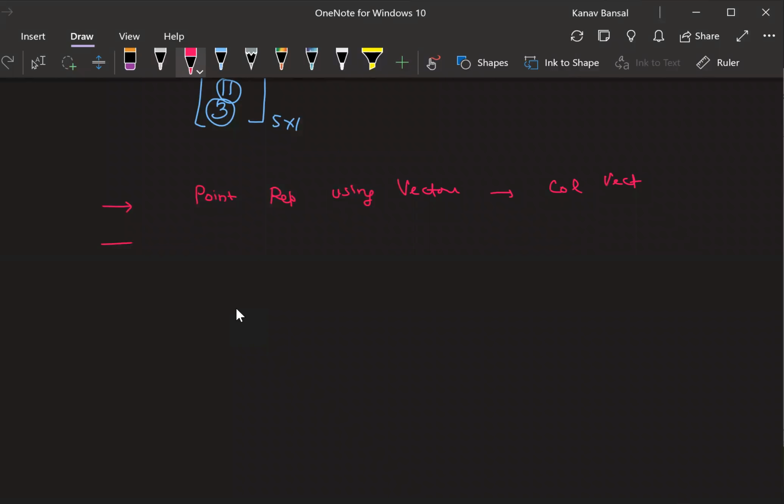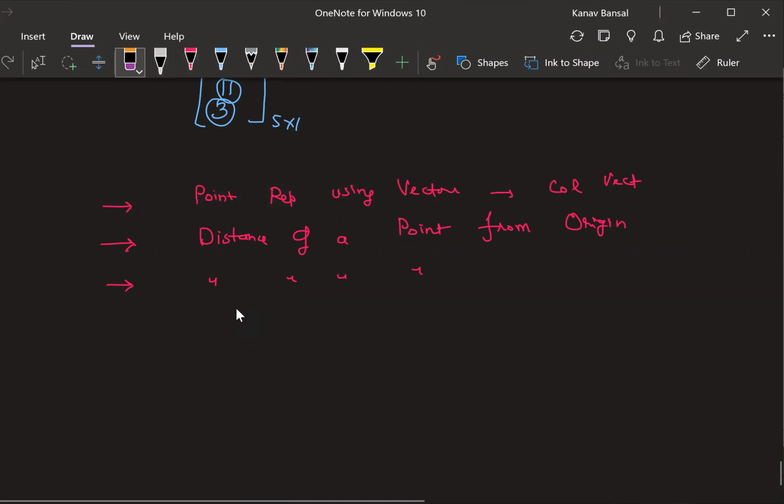Similarly, we have seen another topic called distance of a point from origin. The third topic is the distance between 2 points. So these are the 3 topics that we have seen till now.